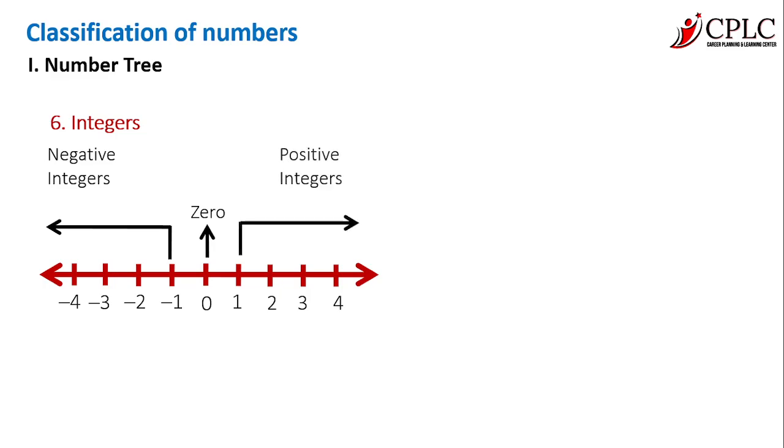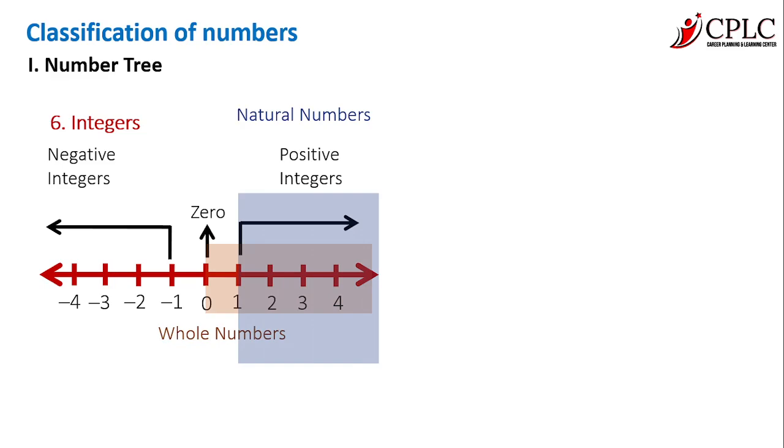Now these positive integers are called natural numbers, and if you add 0 along with them, together they are called whole numbers. I hope all these words are now striking your mind, because we have done this already in school days.